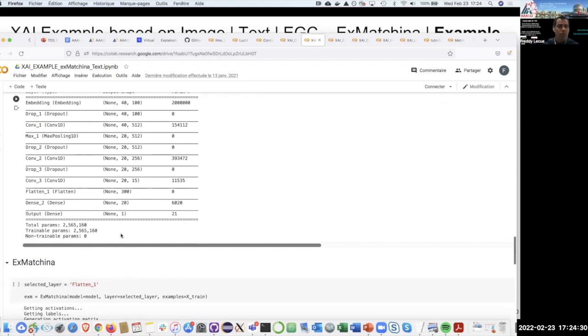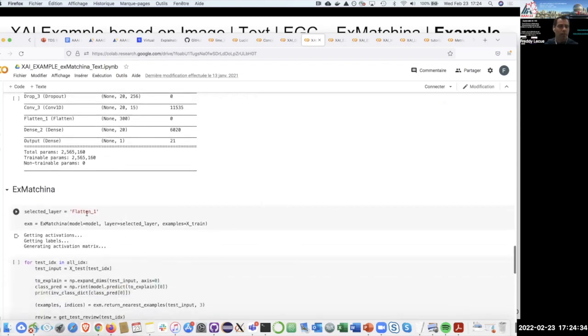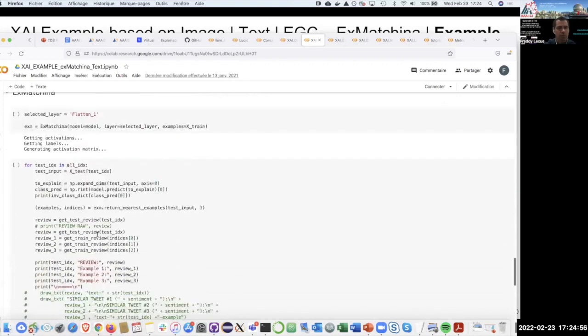You can try different layers, maybe at that level here, 256 times 20, but you will see that the results are not as convincing. Globally, I've shown that the layer right after the last convolution is the one that worked the best.